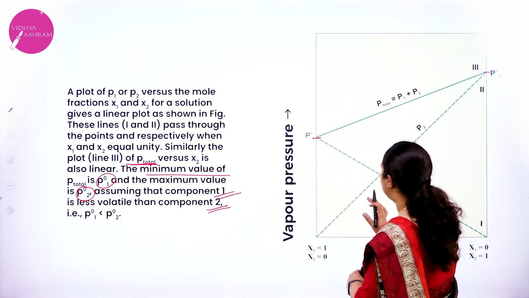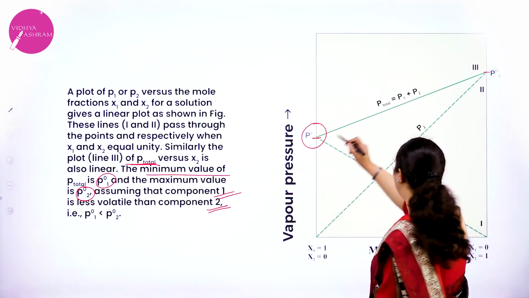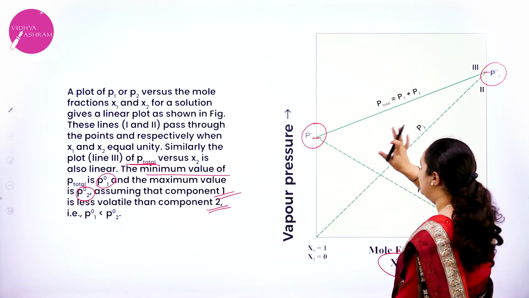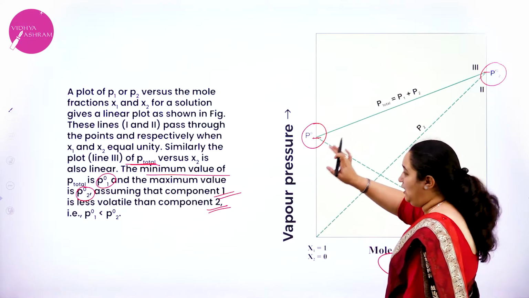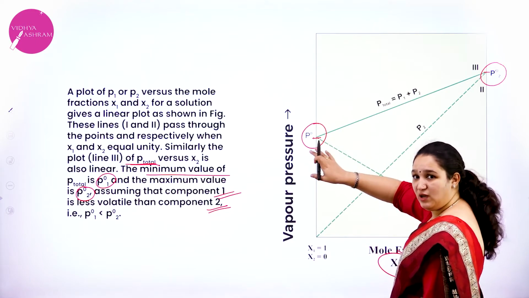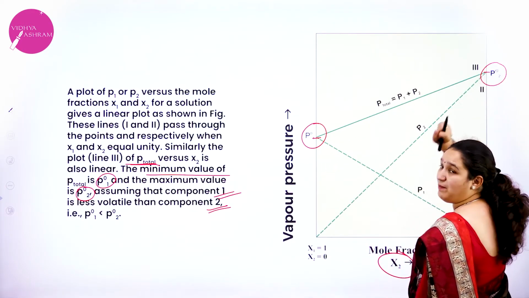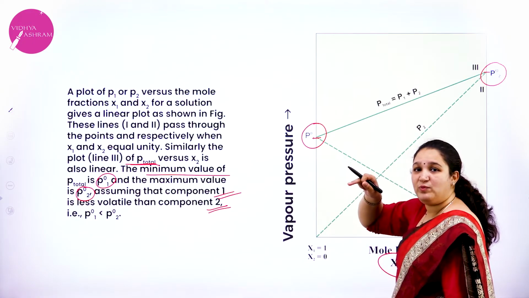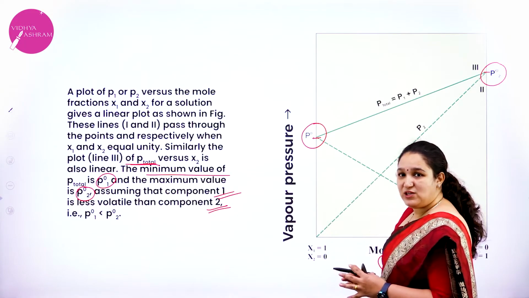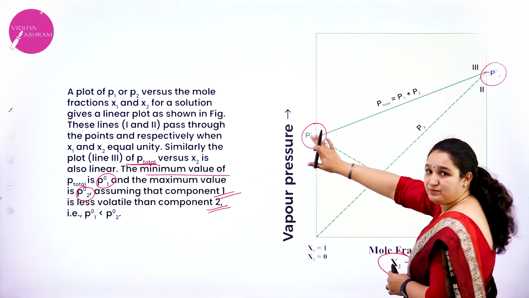From this graph you can understand one more thing. Component 1 is less volatile, that is why its partial pressure in the pure component is lesser compared to P2 naught, because the partial pressure of the pure component 2 is higher than the first component. So your total pressure should be between these two values.